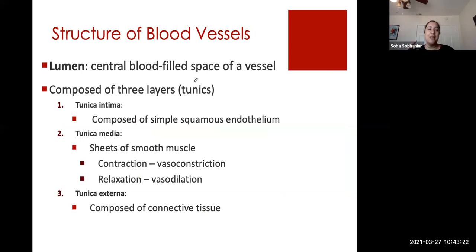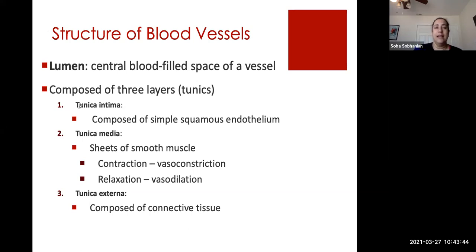So when we're talking about blood vessels, there are 3 layers, or tunics, found around the blood vessels. And again, the main blood vessels we're talking about are arteries and veins here, because they're the ones that have these 3 layers very distinctly identified.